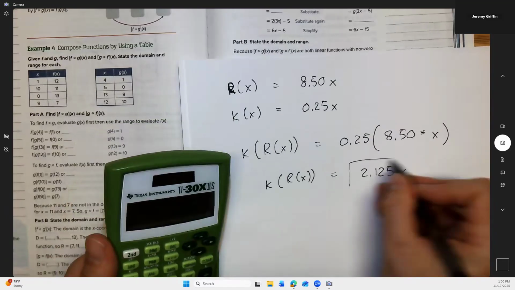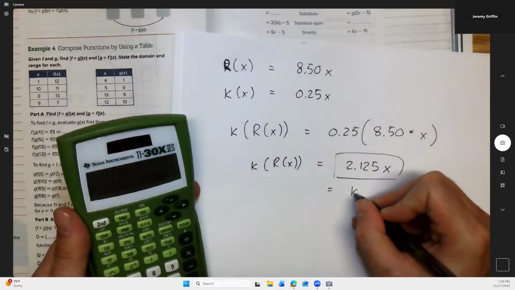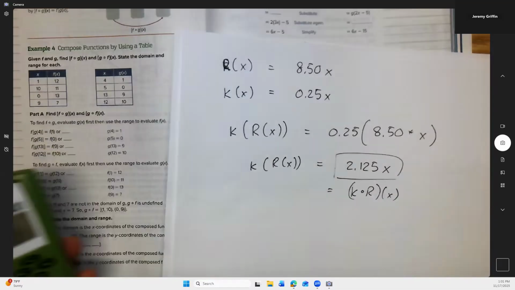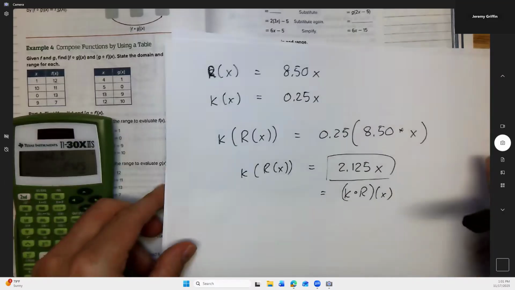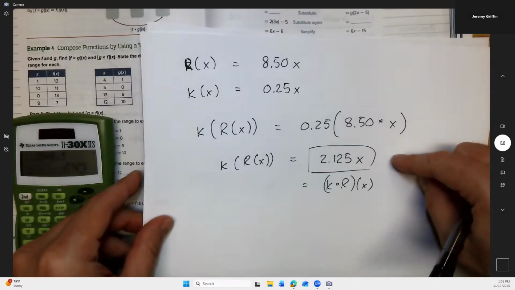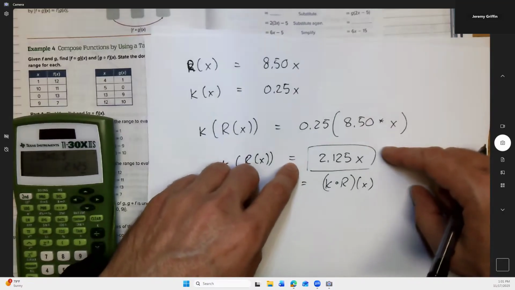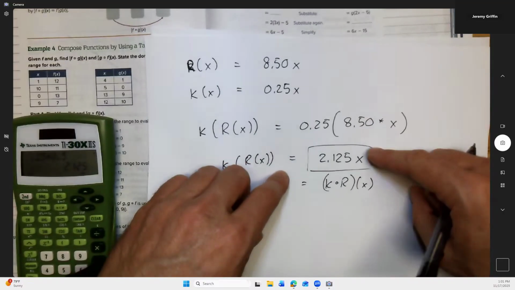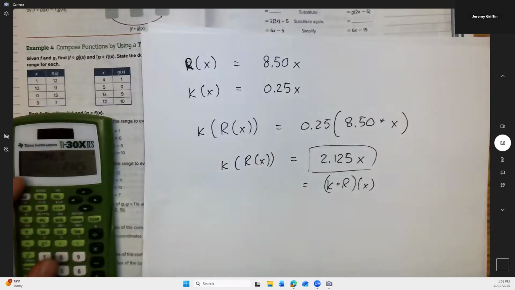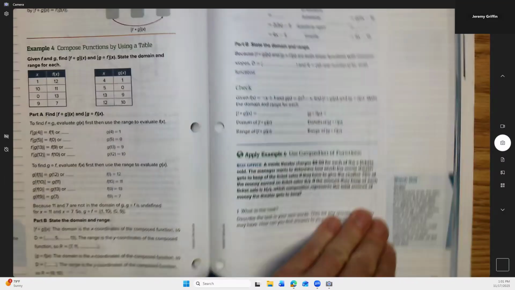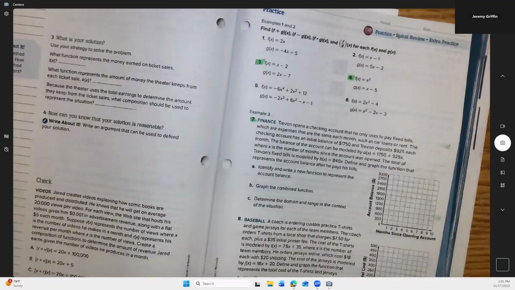So this is it right here. That's also called K of R of x. From the theater's point of view, every time they sell a ticket, about $2.12 goes into their own pockets. If they sell 100 tickets, they just made $212. Everything else they have to return to the studio. So that's composite functions.